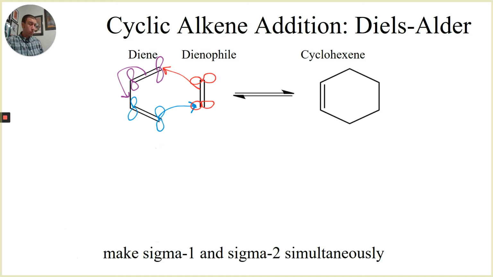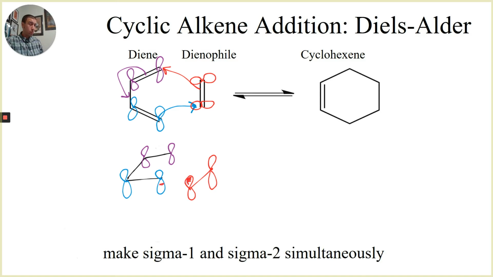Which means, and this becomes a challenging thing to draw, that if we took this structure and we turned it on its side, we would have these p orbitals now straight up and down, and if we drew in the dienophile, the p orbitals are going to be straight up and down as well.